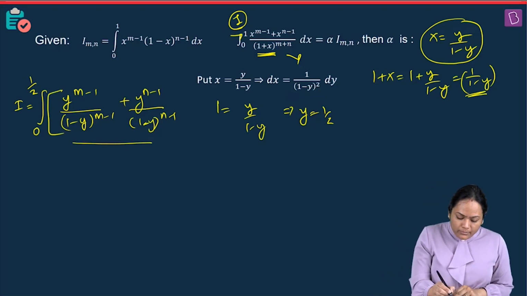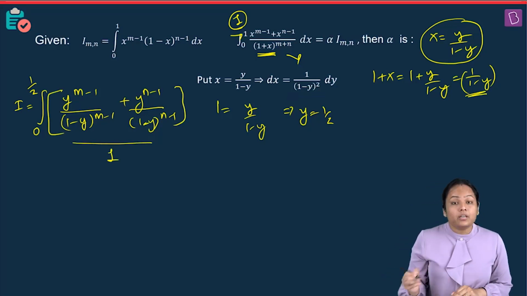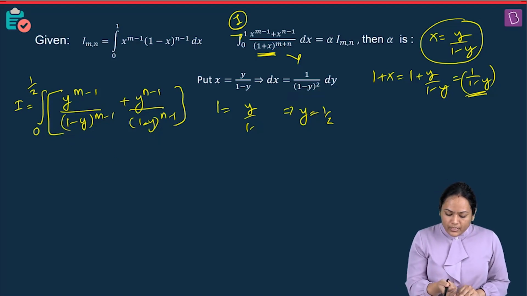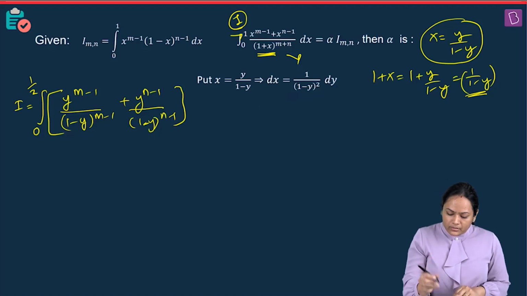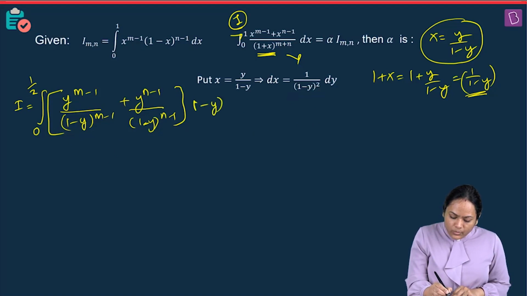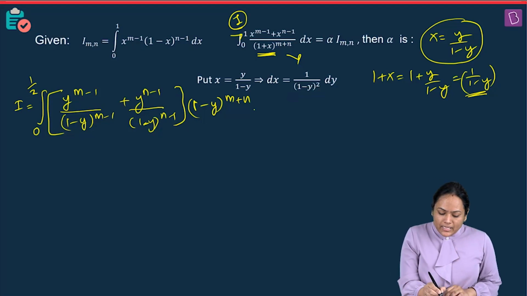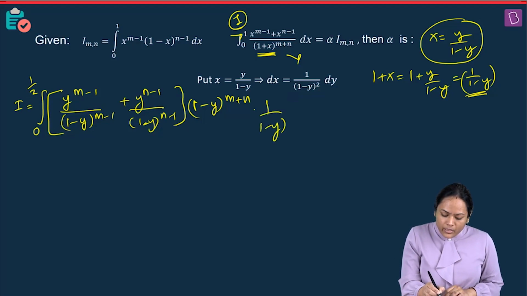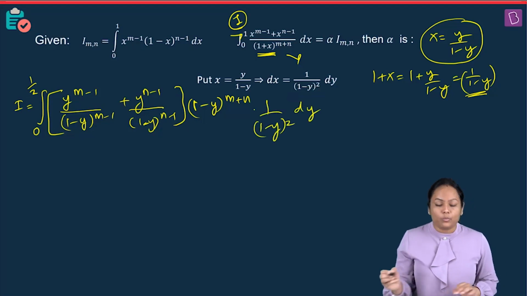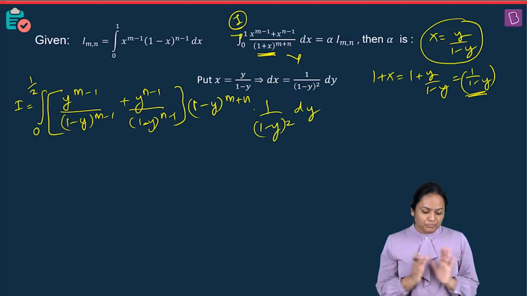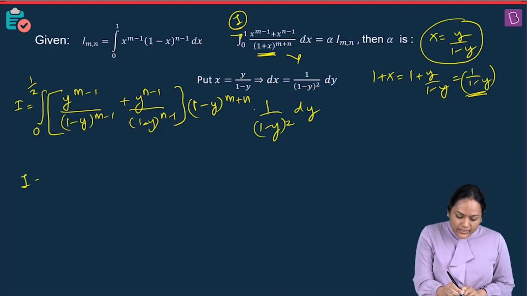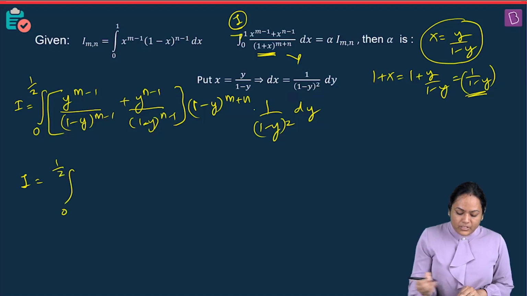So I'll take 1 minus y in the numerator. Here it is 1 and it's going to become multiplied by 1 minus y raised to m plus n, multiplied by dx. That is 1 minus y whole square times dy. Understood? Perfect.